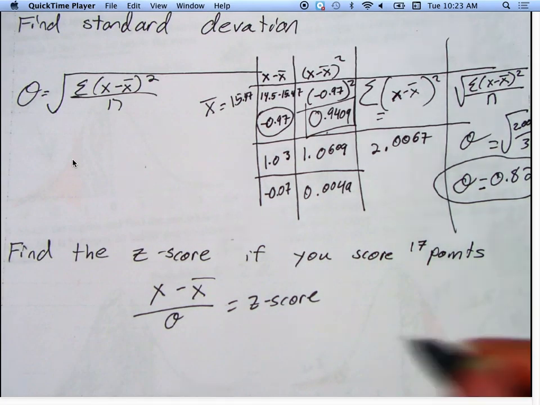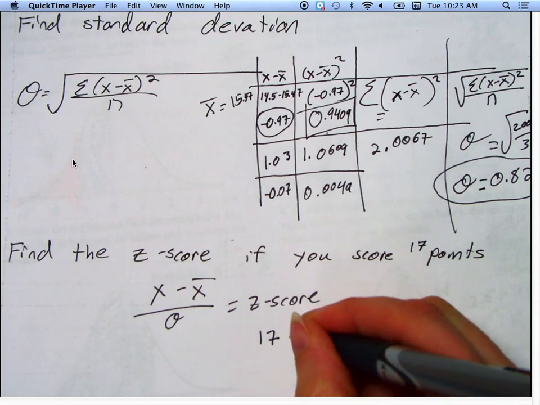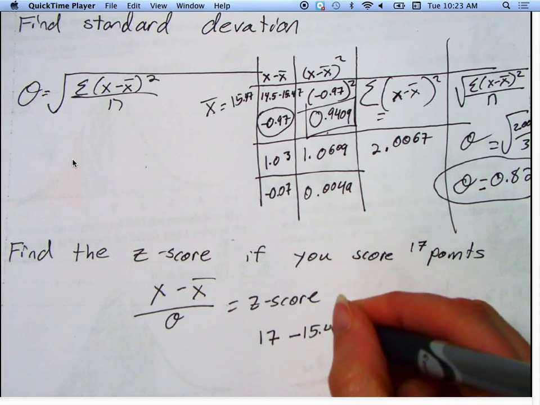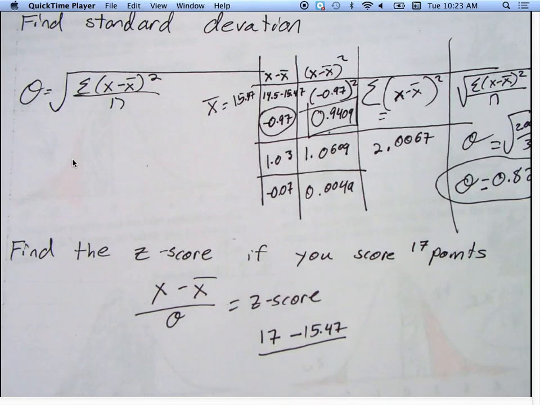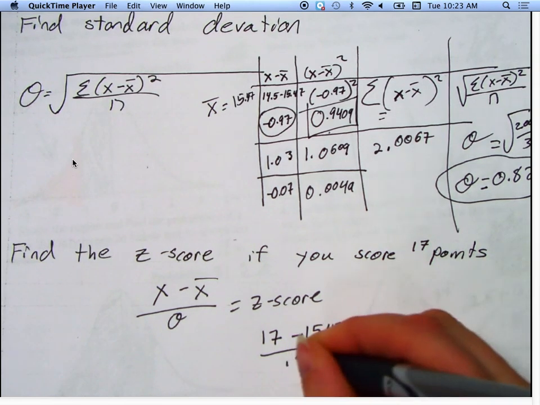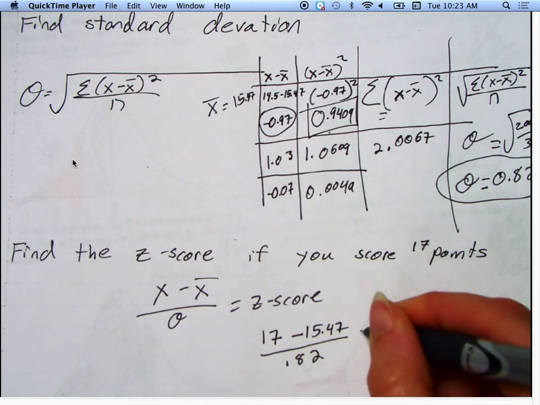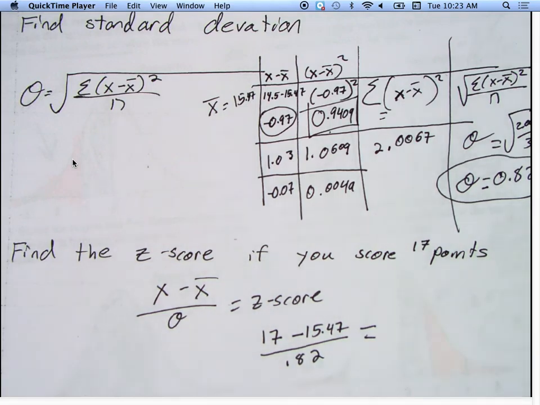So I'm going to take the actual value, 17, minus the mean, 15.47. Divide that by 0.82. And what do I get, guys? Put that in your calculators right now. What do I get? I get 1.87.